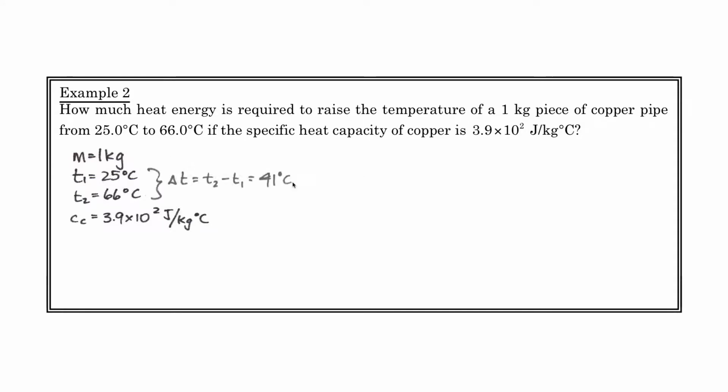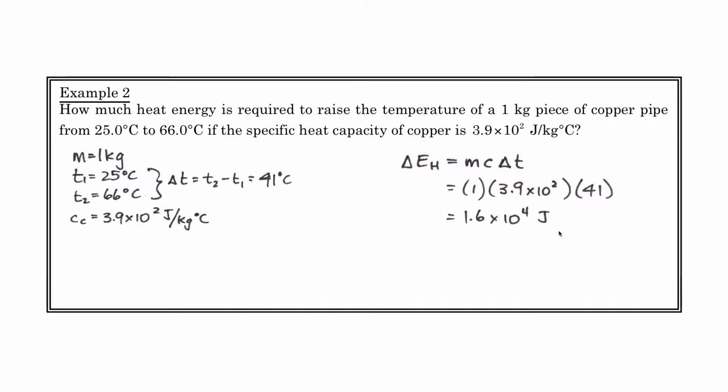Okay, so using T1 and T2, we can work out the temperature difference, which is T2 minus T1. And this happens to be 66 minus 25, 41 degrees Celsius. Okay, so let's put all this together. Delta EH, so the heat energy, is equal to MC delta T, which is 1 kilogram times 3.9 times 10 to the 2 times 41.